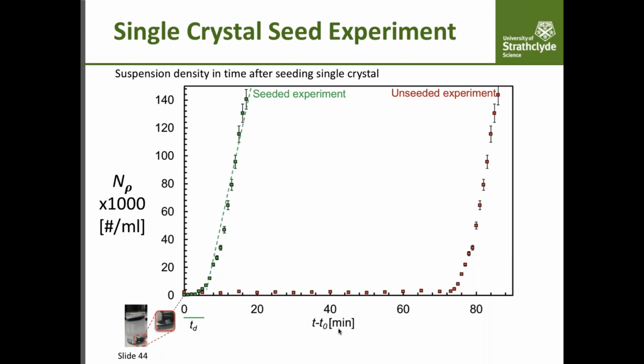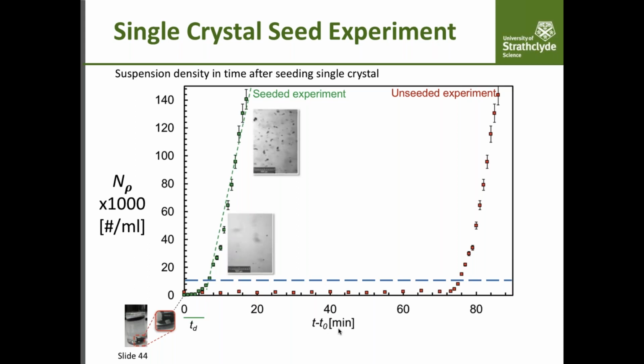For the rise in suspension density, we took a lower limit value of around 10, to make sure that we really measure a rise in suspension density. The slope of the suspension density with time determines the secondary nucleation rate.